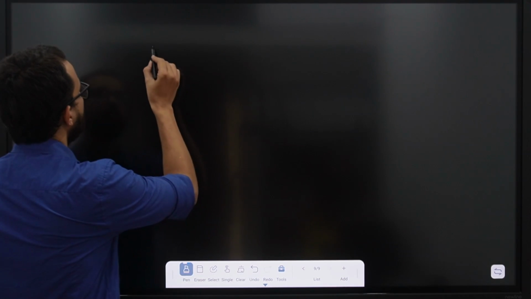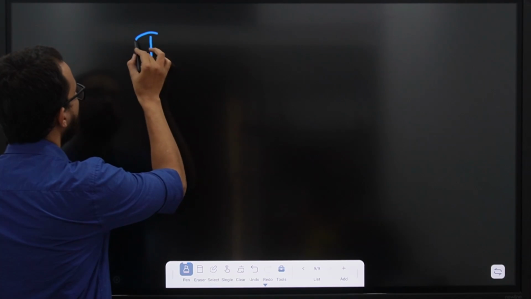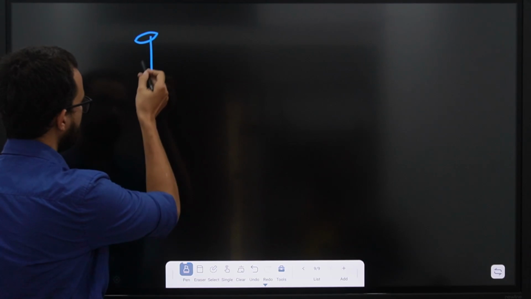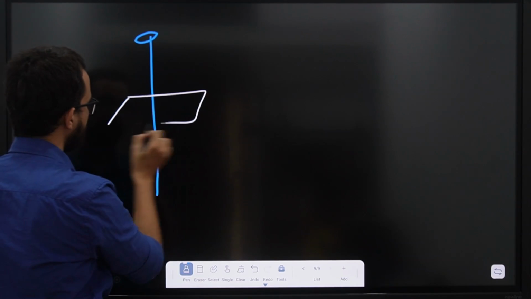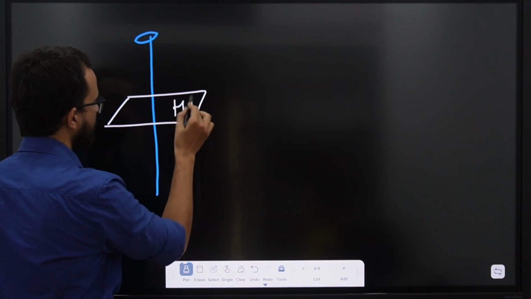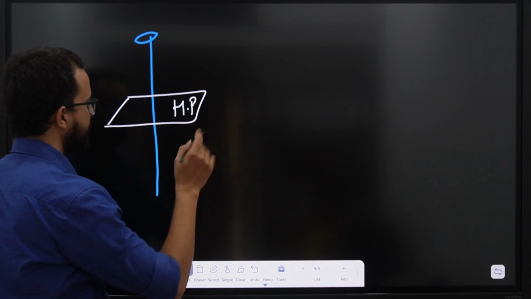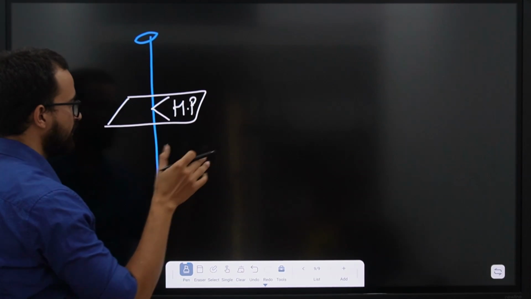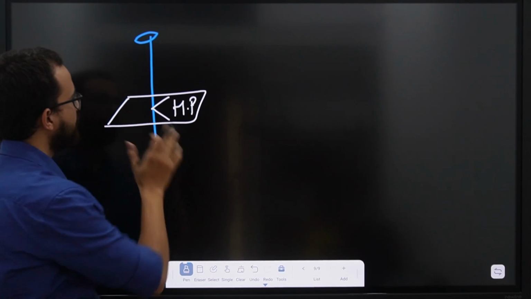So let us say we keep this single 2-fold as the vertical. Anything this 2-fold will work on, this plane, the horizontal plane. That means anything that you draw will occur in this horizontal plane only, not above it or below it.